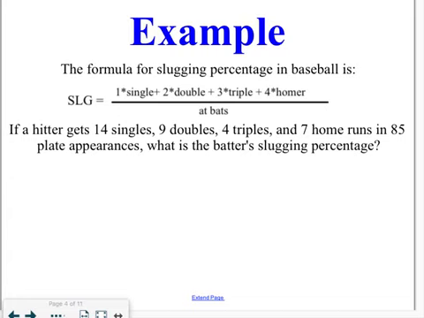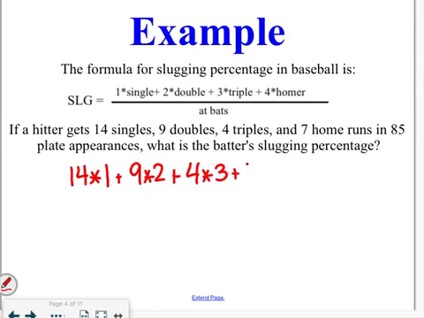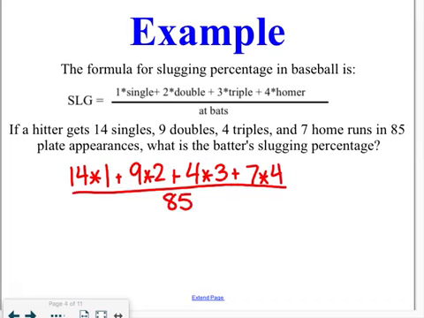So if our particular hitter gets 14 singles, 9 doubles, 4 triples, and 7 home runs in 85 plate appearances, what is their slugging percentage? So we're mixing together the different types of hits to get one whole slugging percentage. So we've got 14 singles plus 9 doubles plus 4 triples plus 7 home runs, divided by our total of 85 plate appearances.